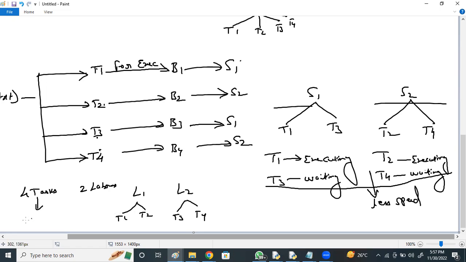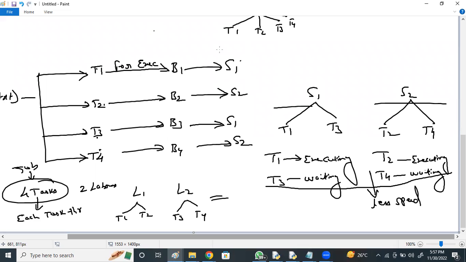Each task takes 1 hour. To execute this job, how many total hours are required?